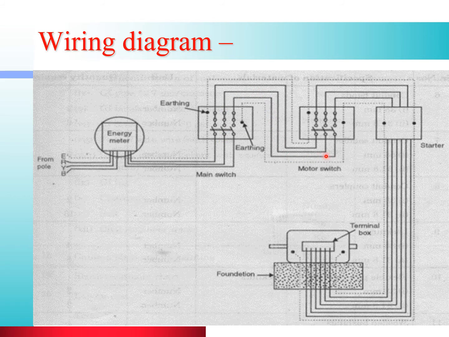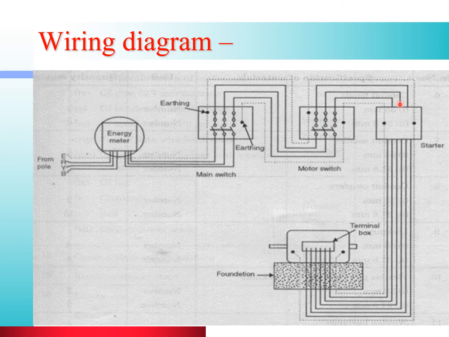From this it goes to the motor switch. Main switch and motor switch are different. For each motor there is a separate motor switch. And the earthing ring is separate, which is shown in dotted line.